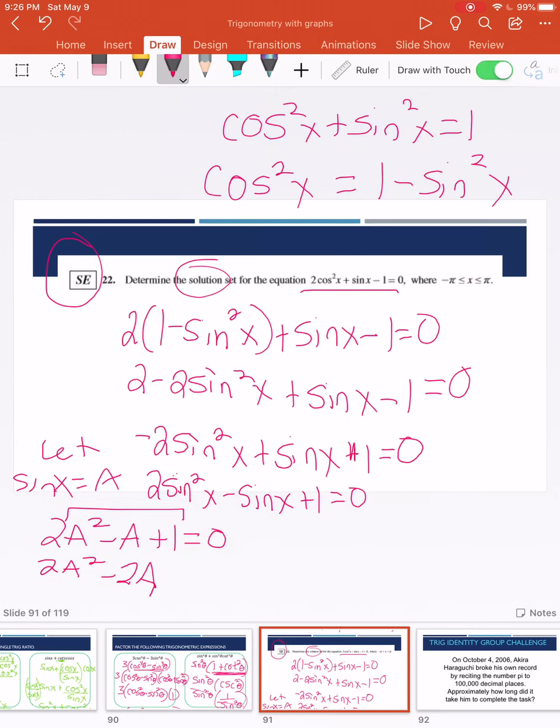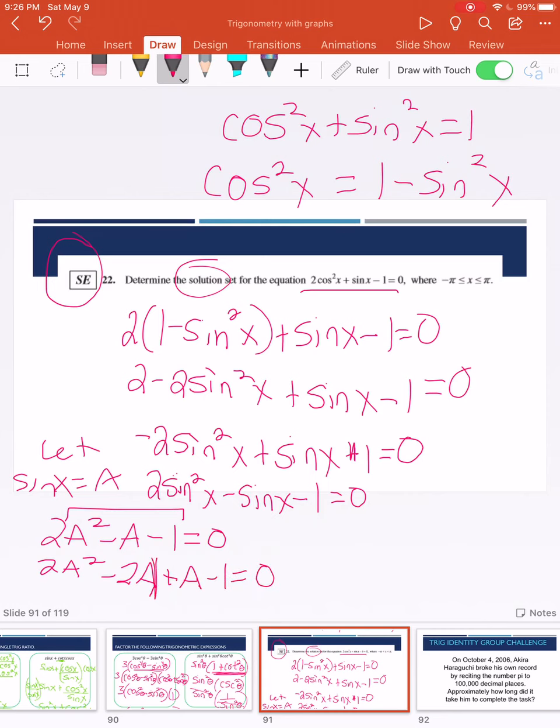And then once I divided the negative out or switched the sign, it should have become a negative 1. There we go. That makes more sense. Okay, so two numbers that multiply to give me negative 2 and add to give me negative 1 are, of course, negative 2a and positive 1a.